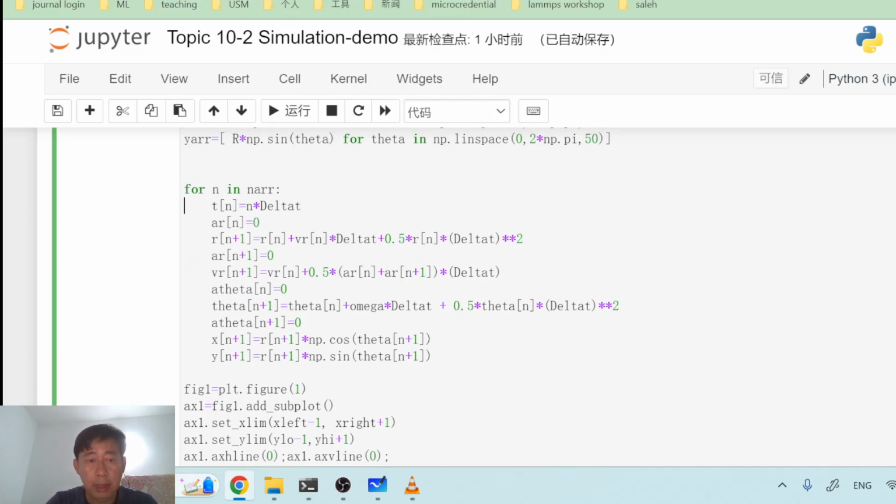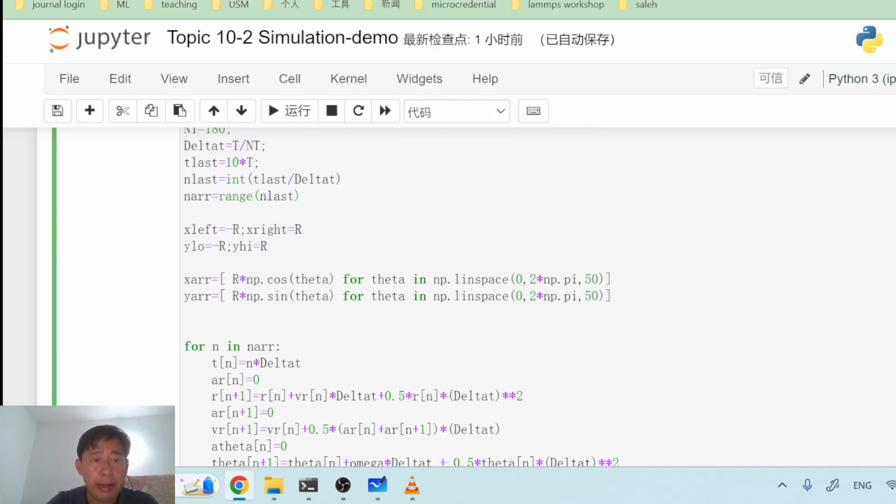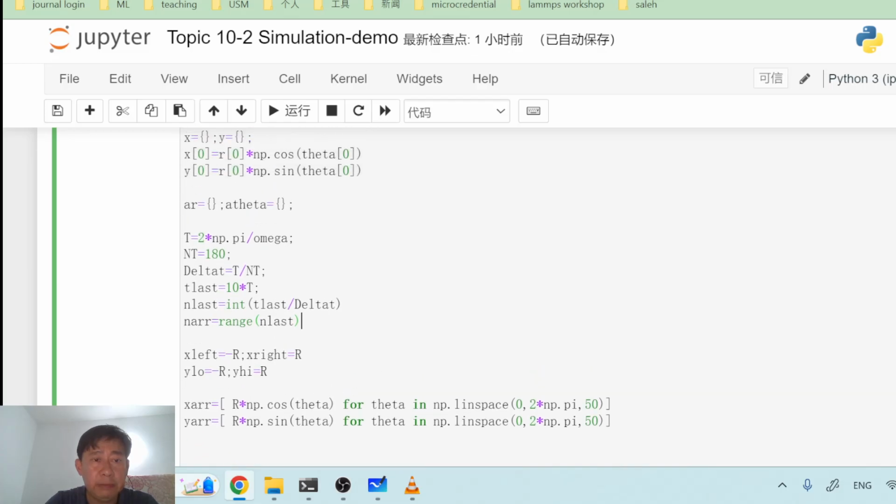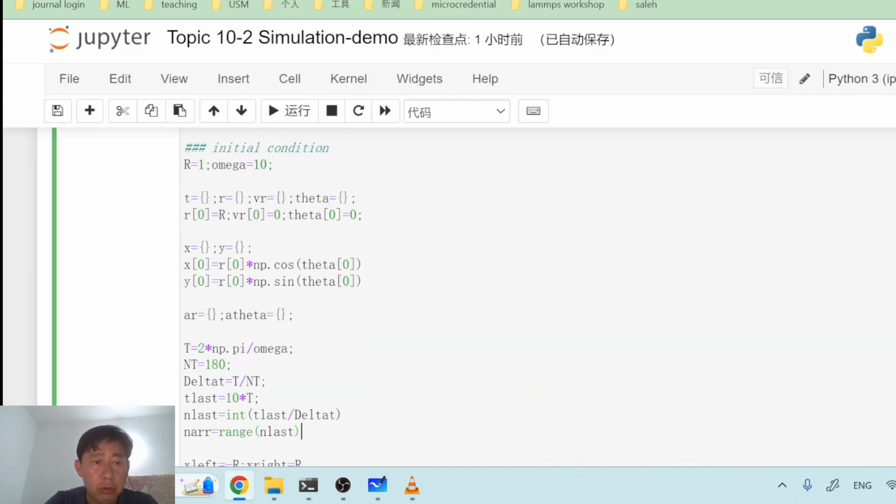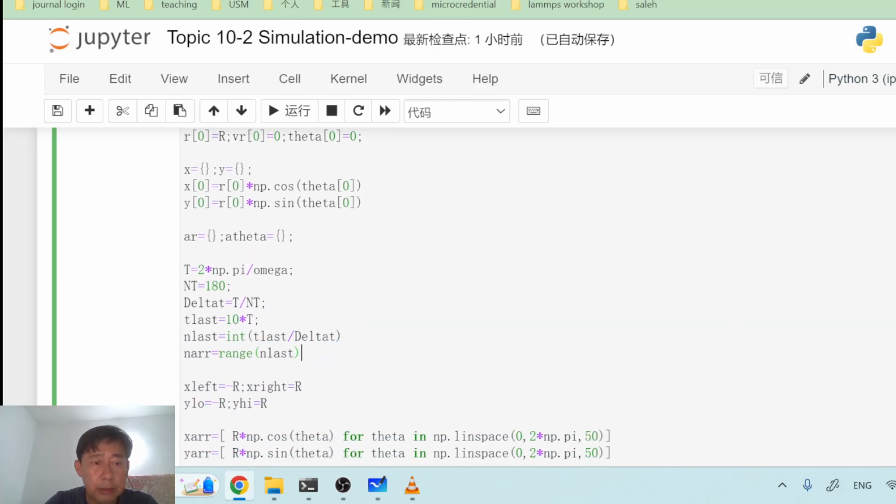So first of all, I declare my time of simulation. So how long should I simulate it? The time of simulation has to be expressed in terms of the period of the circle. The circle has a period of capital T, dependent on the angular speed.